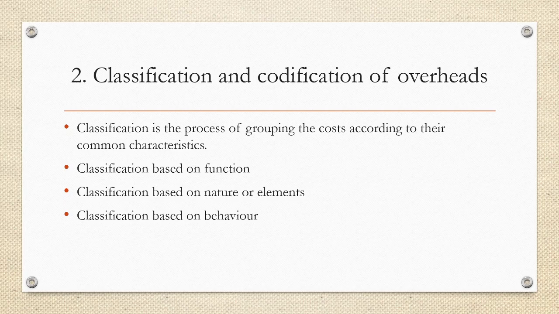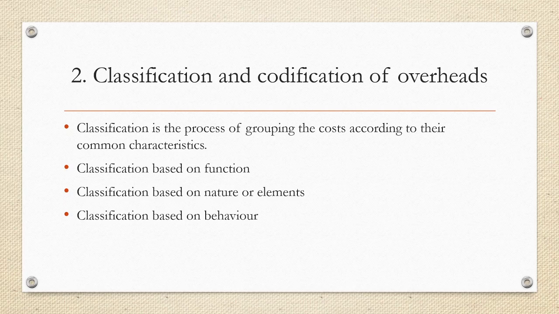Now we will see what is the meaning of classification and how classification of overheads can be done. Classification, we know, is the process of grouping the cost according to their common characteristics. Now what we do is we group the various items of overheads into distinct groups on the basis of some common characteristics. So how do we do this?